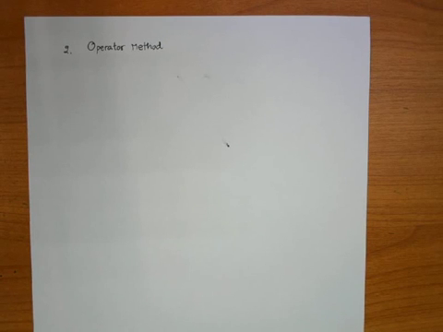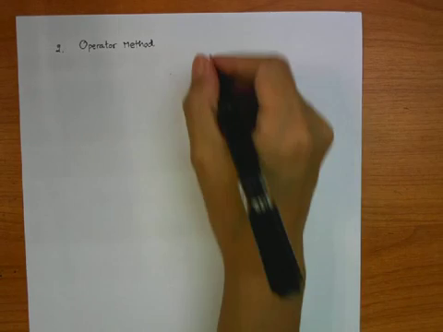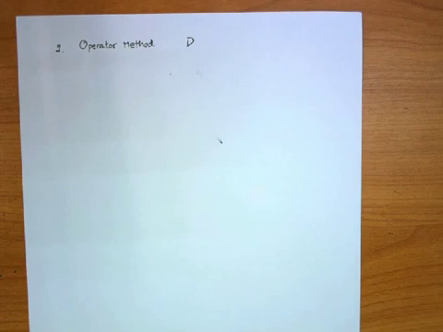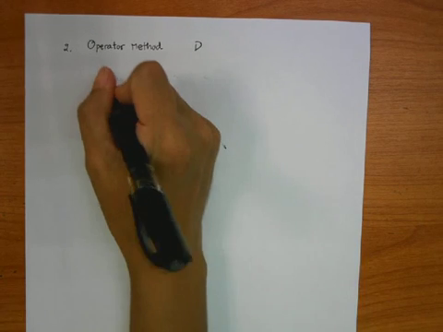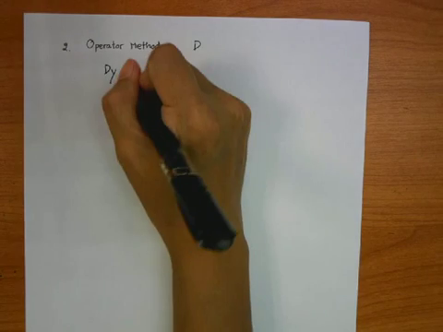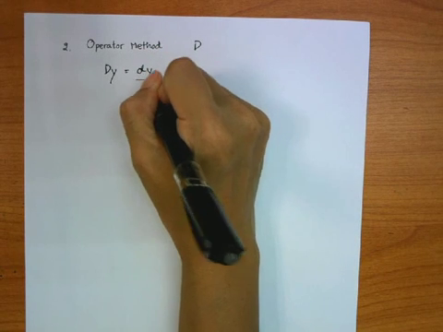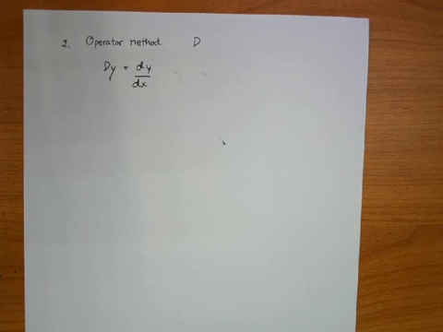For the second method, we call operator method. Before we go over this technique, I have to define a new symbol for you. The capital D, when we write down Dy, means the derivative of y by some independent variable.